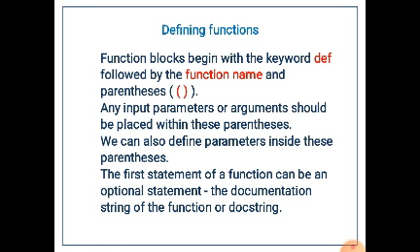To the right side of def, the keyword, you see the name of the function, and after the function name there will be an open parenthesis which contains the parameters or arguments, and after that the parenthesis will be closed followed by a colon.